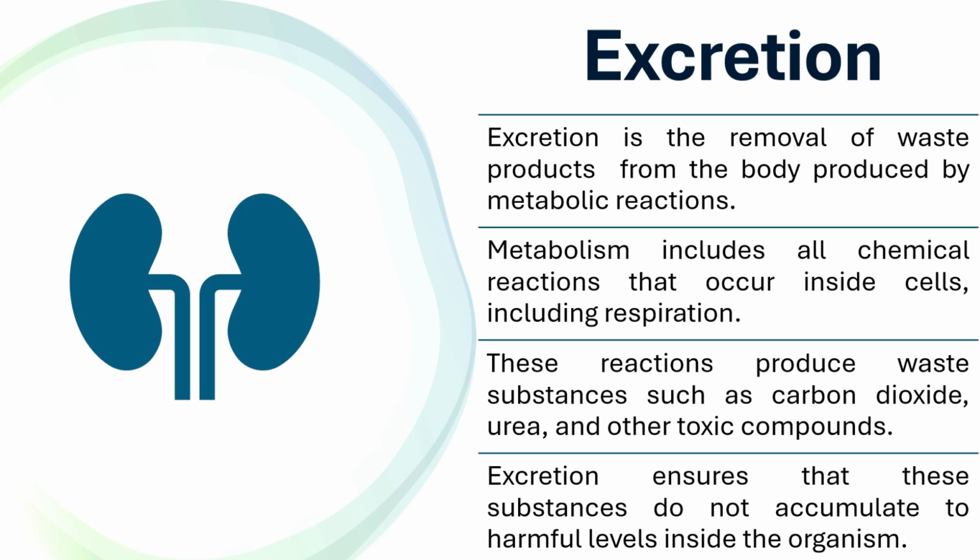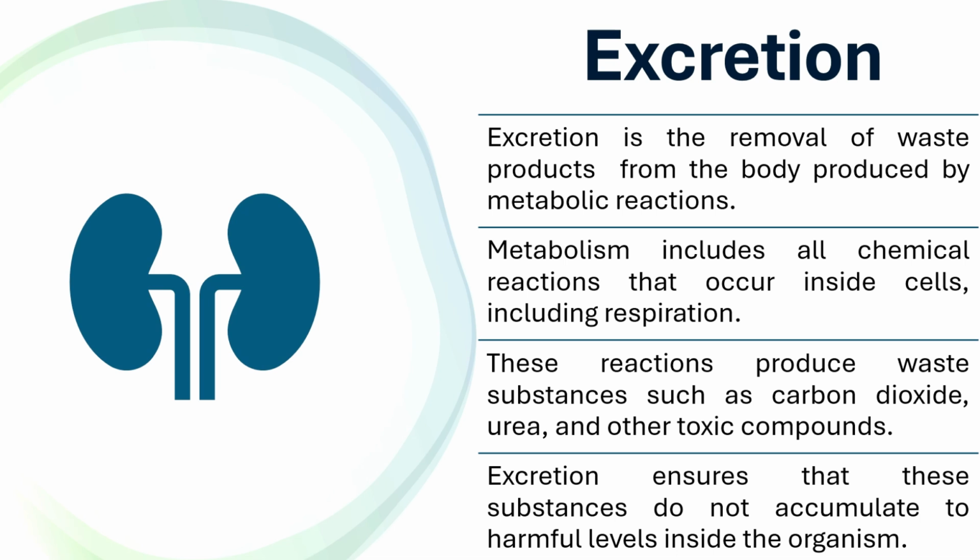For example, when your cells perform respiration to make energy, they produce carbon dioxide. Other reactions produce urea or other toxic compounds. If these compounds stayed in your body, they would build up to harmful levels.